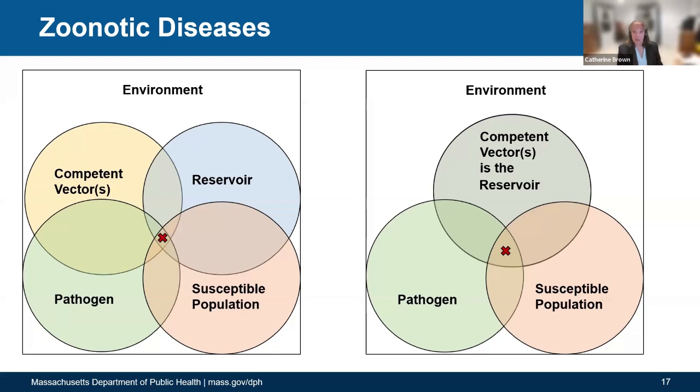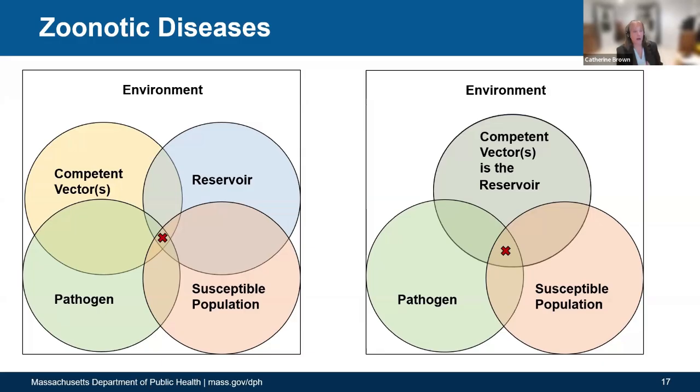For a vector-borne disease, one that's spread by ticks or mosquitoes or lice or something else, you need that vector present. You also need the pathogen present, right? If you have the species and the vector, but none of them are carrying that pathogen, that germ, then who cares? And you need a susceptible human population. And it's only where all four of those things intersect in the same environment that you actually get disease transmission.